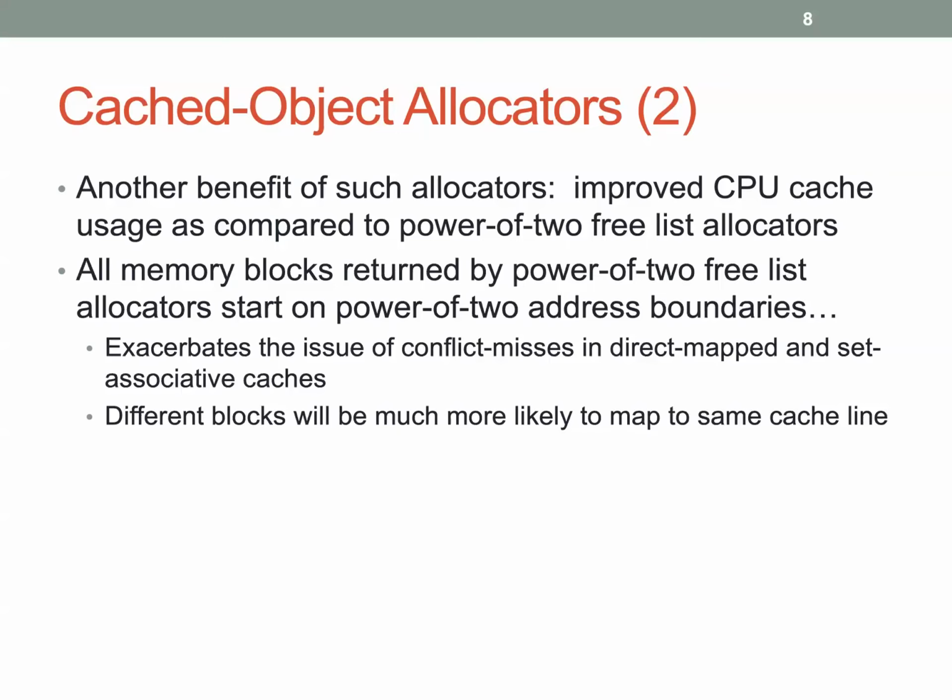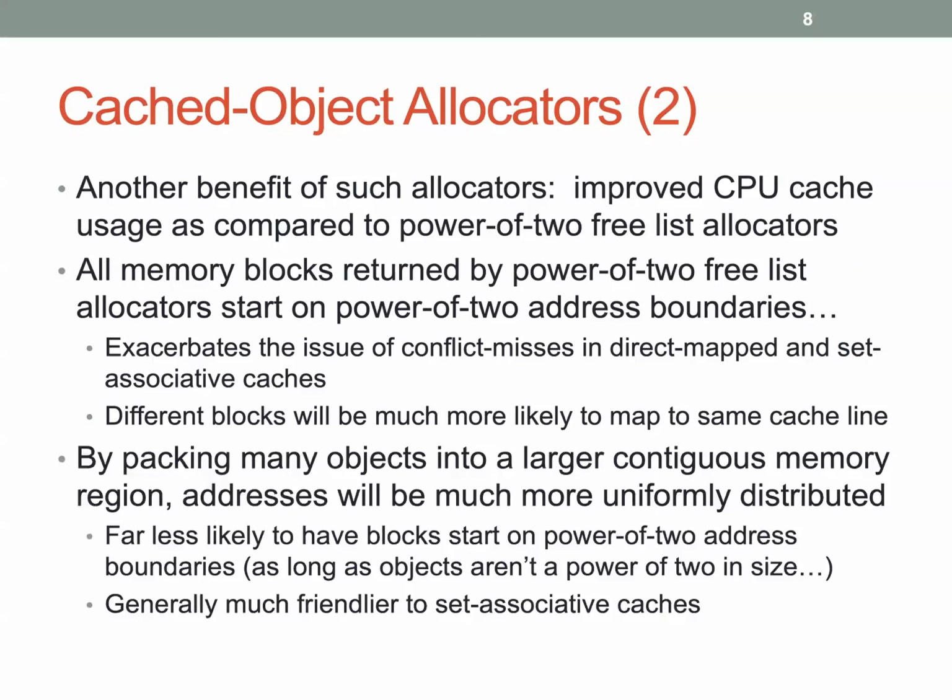And one of the techniques they use is to try to place cache data in specific locations based on the address being accessed. Well, if all your addresses are multiples of powers of 2, then you're going to start getting specific cache blocks targeted within the hardware caches. And that's going to make the cache appear to be smaller than it actually is. And that will reduce the performance of your programs. So that's a challenge with these power of 2 free list allocators.